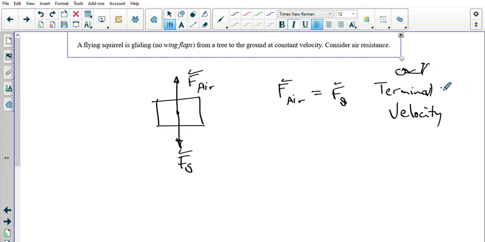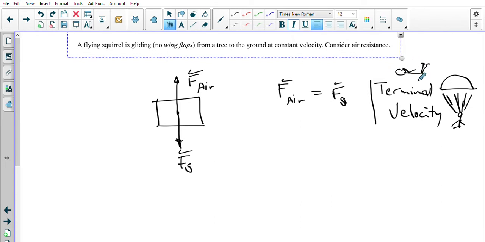Then they pull their parachute and come down with a slower terminal velocity because they have much more air resistance. They get to a situation where they're not accelerating, and the velocity will be slower than before. So terminal velocity relates to the complications of air resistance.